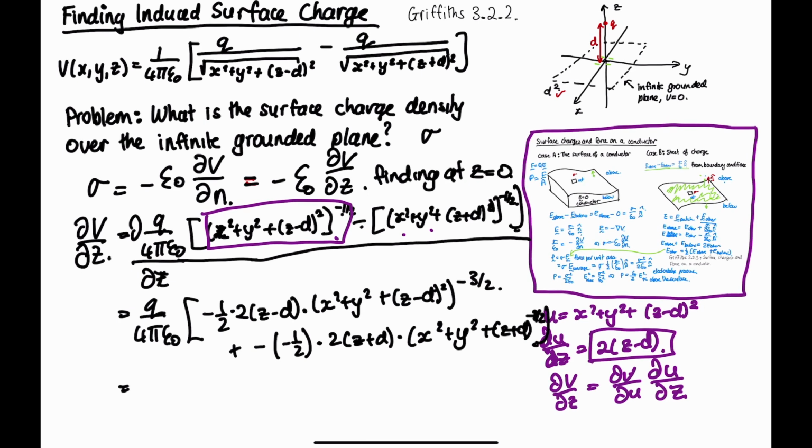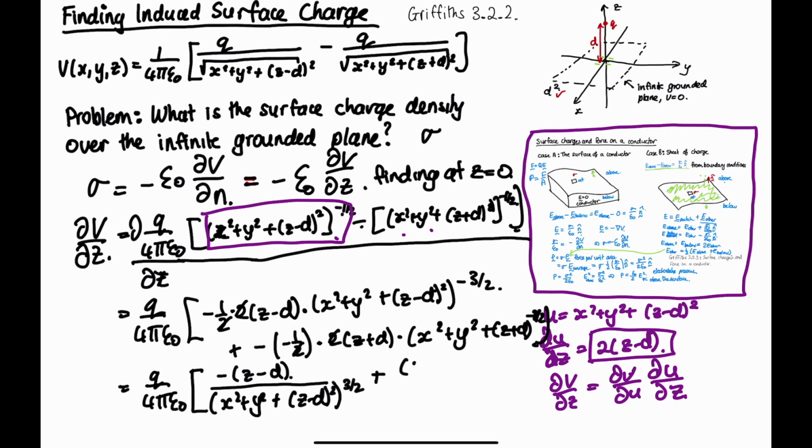And so, let's cancel those 2s, and this is equal to q over 4 pi epsilon naught times minus (z minus d) over (x squared plus y squared plus (z minus d) squared) to the 3 on 2, plus (z plus d) over (x squared plus y squared plus (z plus d) squared) to the 3 on 2.